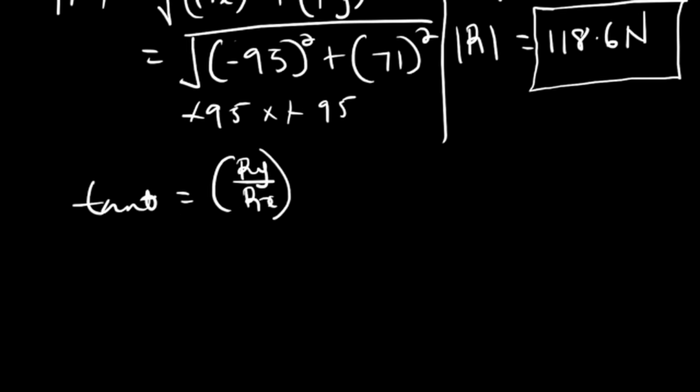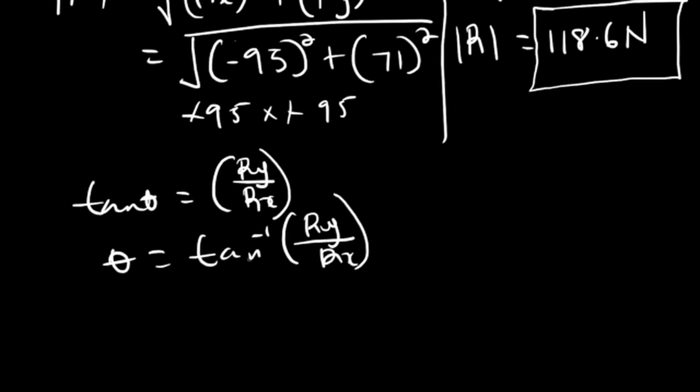We use a tangent function to get the direction of a vector. So to solve for theta, theta is now going to be tan inverse of Ry all over Rx. Now, what's our Ry?